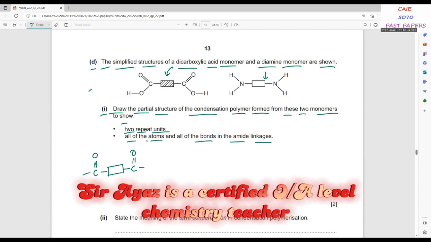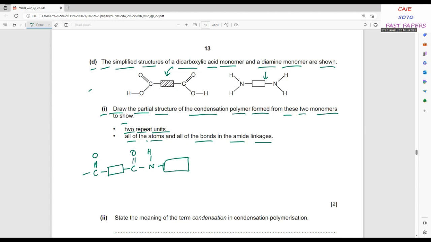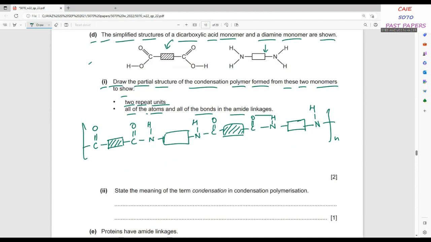Recall that the amide linkage will be C double bond O NH. Now I have a diamine monomer coming. It's again combined to another dicarboxylic group. This will be the final displayed formula.